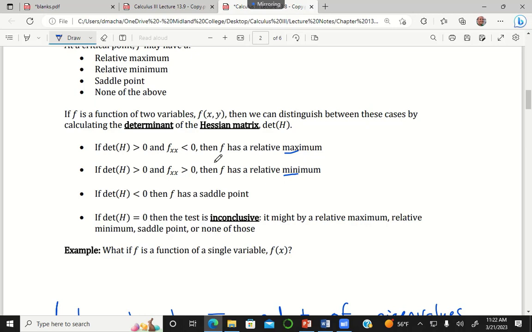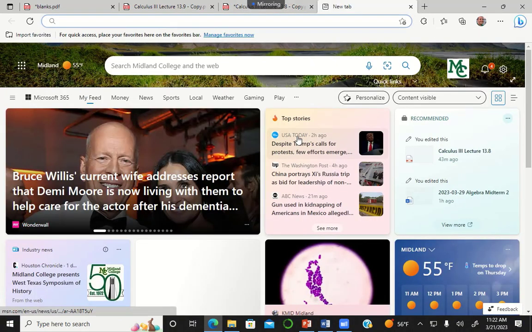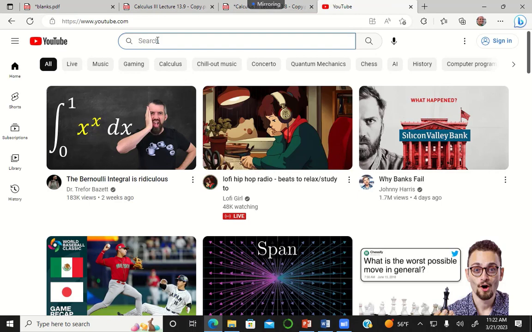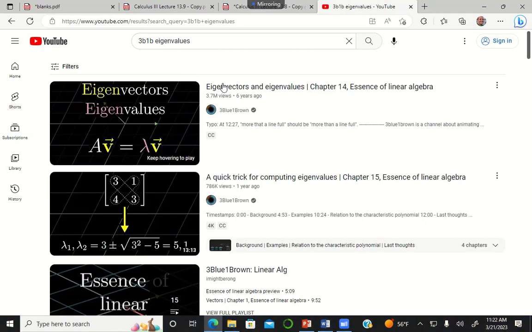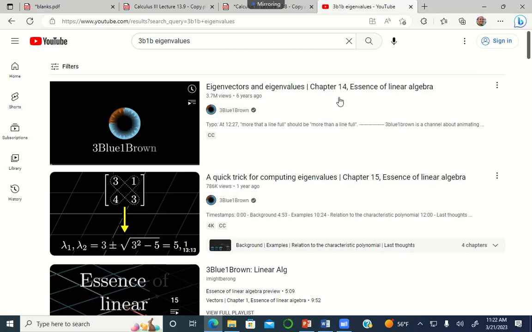So what is the geometric interpretation of eigenvalues? That's a good question. And I can tell you where to find that explanation. If you search 3b1b eigenvalues, it's part of his playlist on Essence of Linear Algebra.